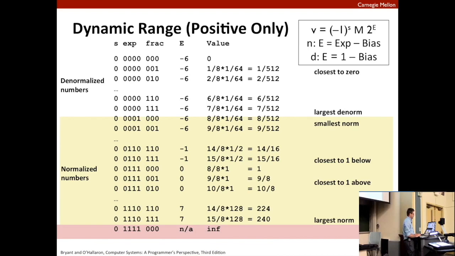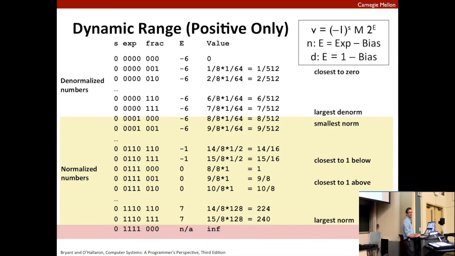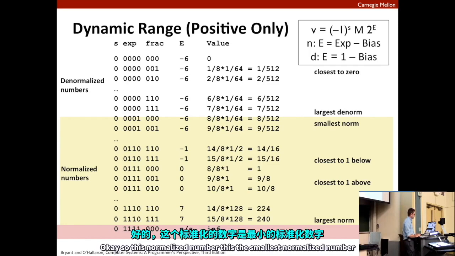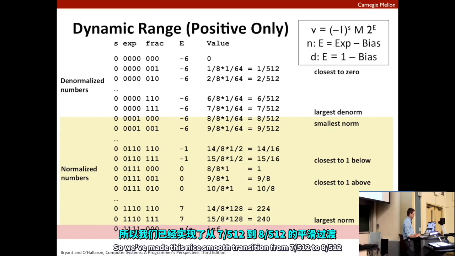A frac field of all zeros represents a significand of 1.000. So this smallest normalized number is 1.000, which is 8/8, times 2 to the minus 6, which is 1 over 64, which gives us 8 over 512. So we've made this nice smooth transition from 7 over 512 to 8 over 512.